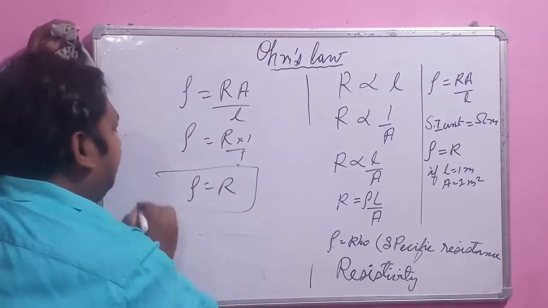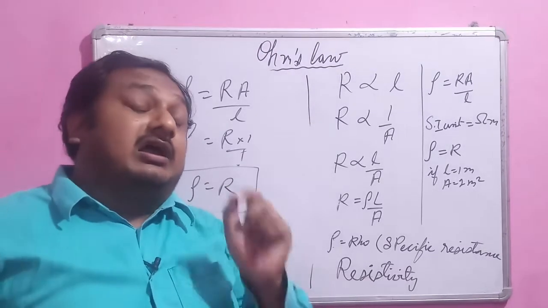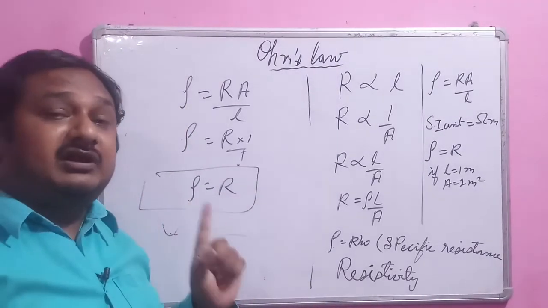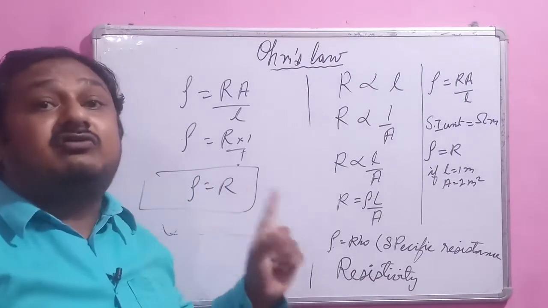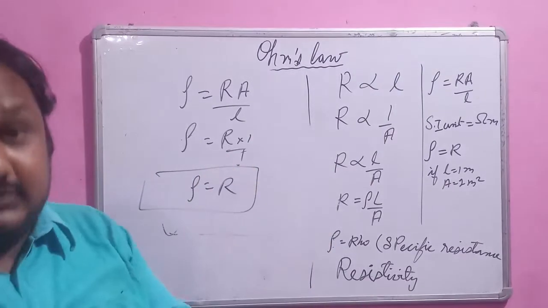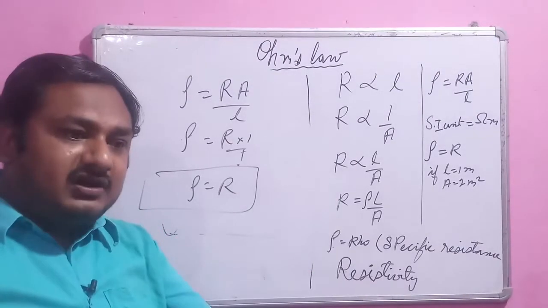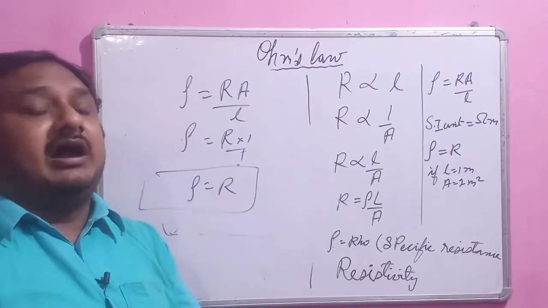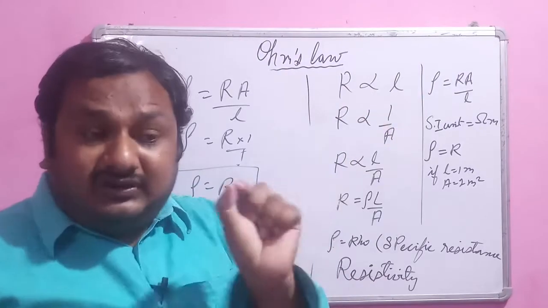So in that particular situation, when the length of the conductor is 1 meter and area of the conductor is 1 meter square, the resistance of the conductor is equal to the resistivity. So we are defining resistivity in terms of resistance, and another thing is that we are fixing the dimension.